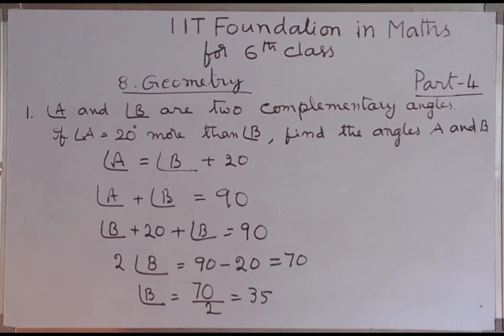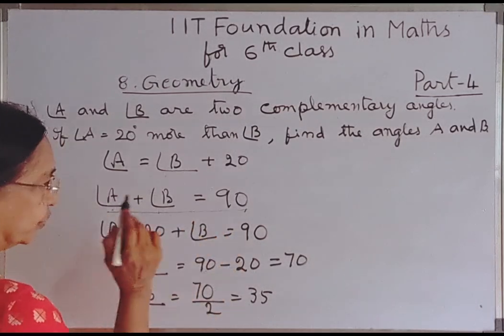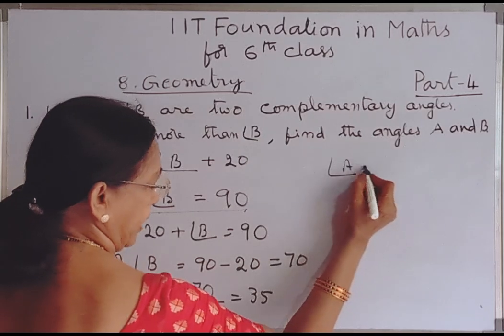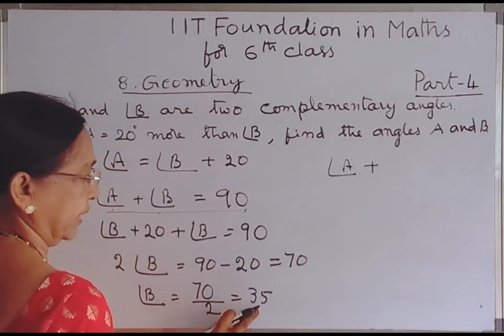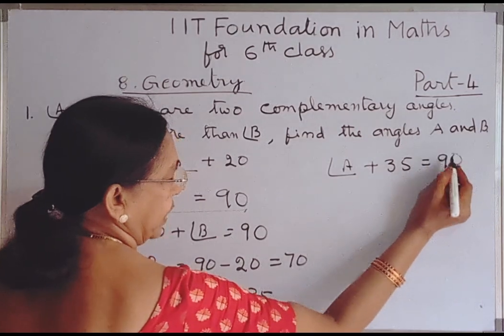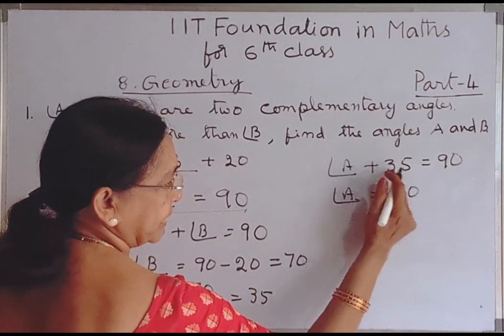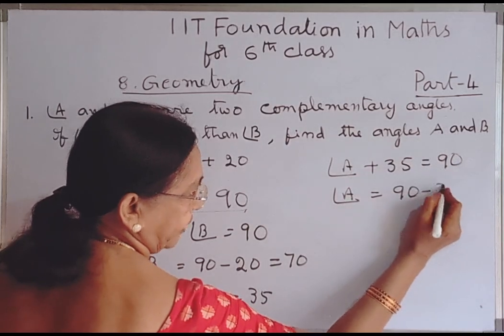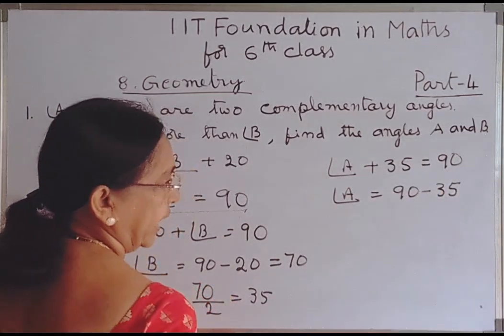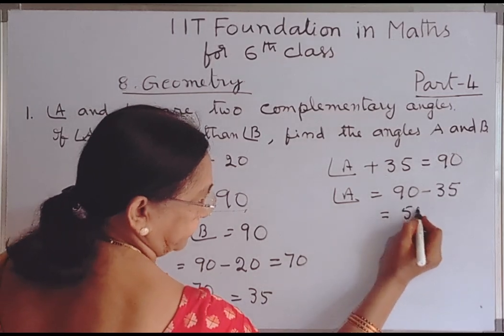Angle B is equal to 35. Substituting this value in this equation, we get angle A plus angle B, that is 35 degrees, is equal to 90, or angle A is equal to 90 minus 35, as 35 becomes minus 35 while going to the other side. 90 minus 35 is equal to 55.